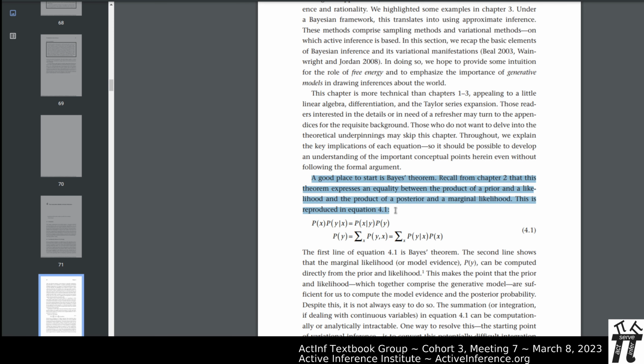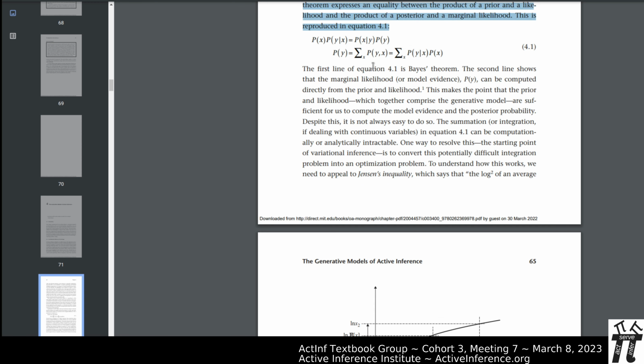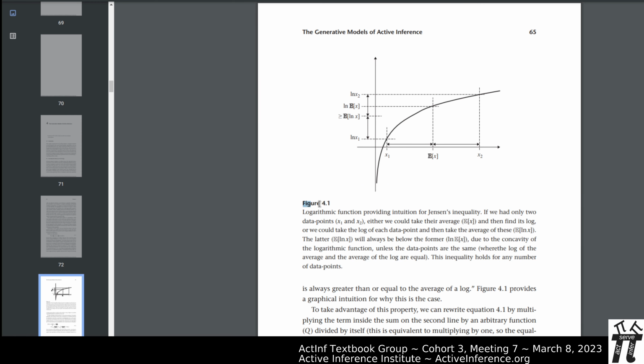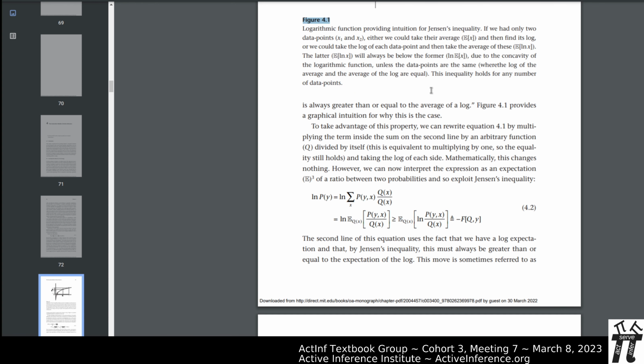We're going to return to Bayes' theorem. Figure 4.1, we're going to have a bit of a discussion on Jensen's inequality and some properties of logs. So for any of the current or ex-math professors in this group, any thoughts you have on logs and Jensen's inequality would be helpful, but we're going to come back to it.